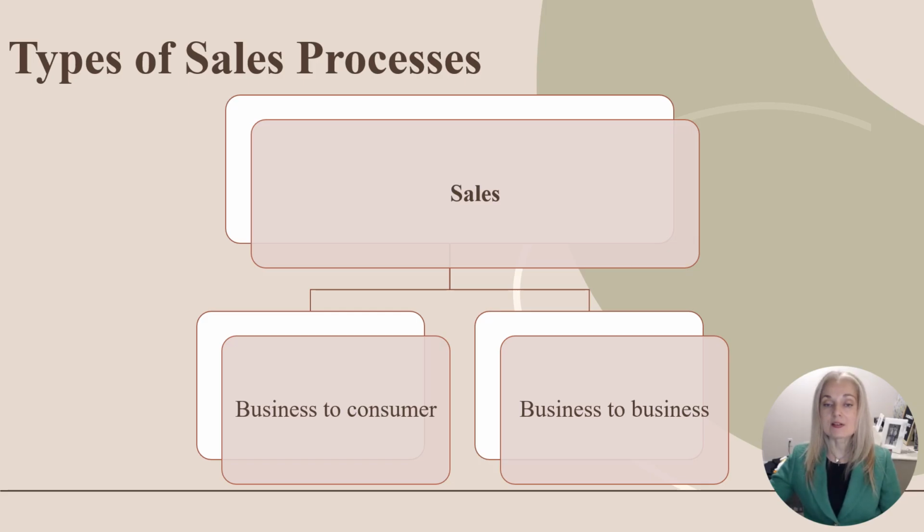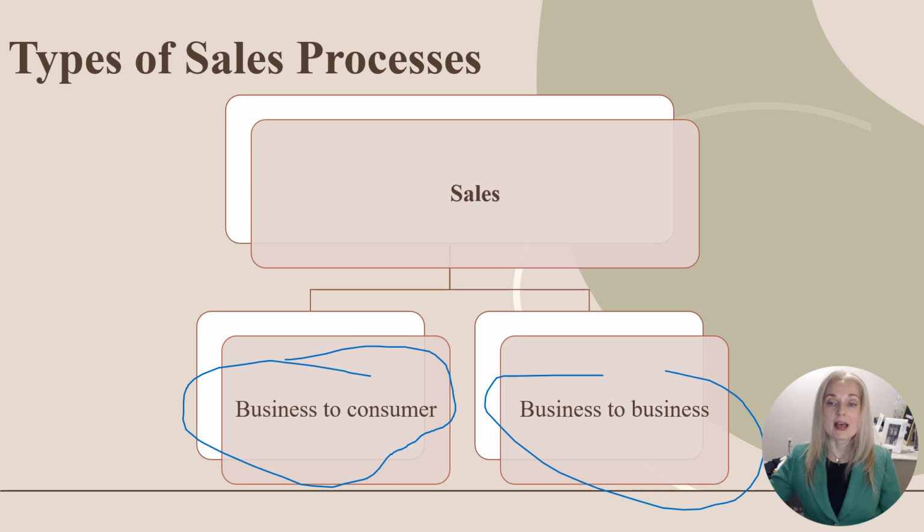You can either sell your products to an end customer, so business to customer processes, or alternatively, you can sell your products to another business, and these are business to business processes.